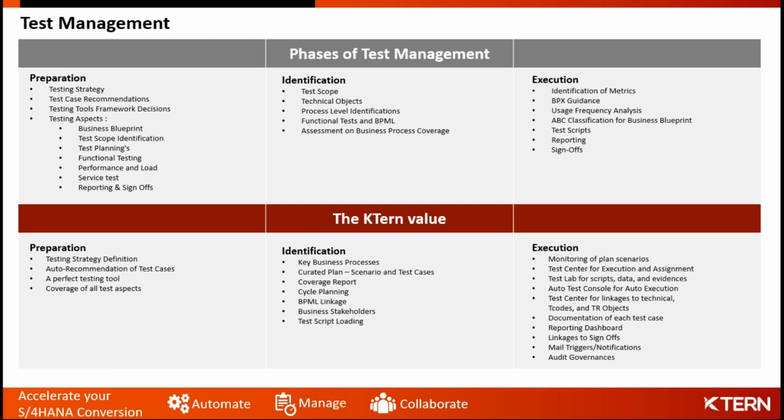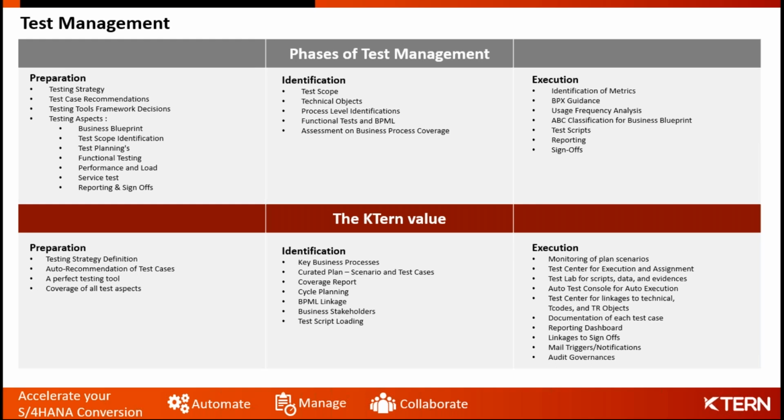And the next thing would be the execution part. So the actual test execution, where people might have to come up with defects or come up with discussions on one particular test case. KTern does allow you to do that. And it is also about passing the test cases so that we hit the entrance or the exit criteria for the sign-off for the phase closure.